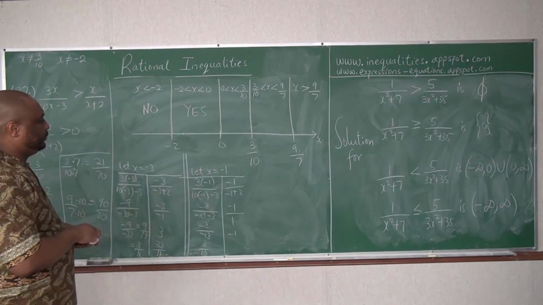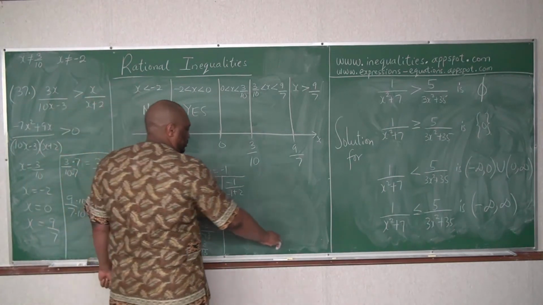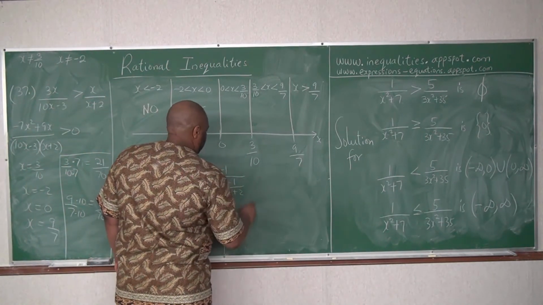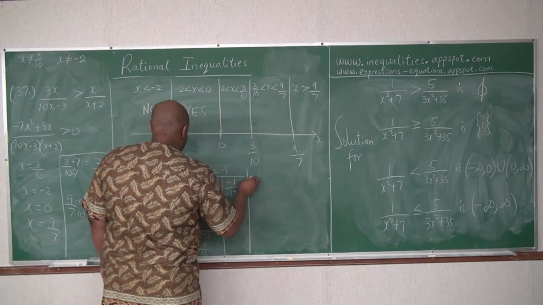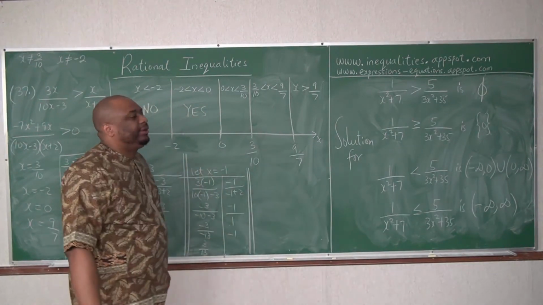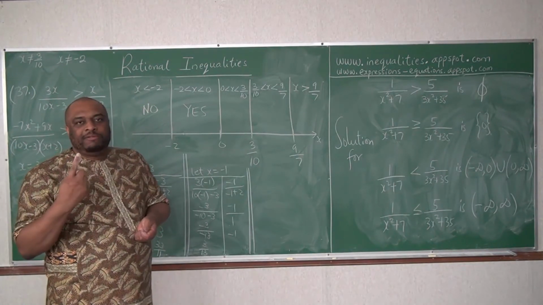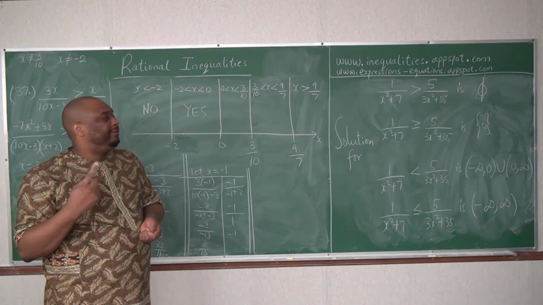Okay? We test it for the third interval. And the easiest one, 3 over 10. So we can have 1 over 10, 2 over 10, 3 over 10.